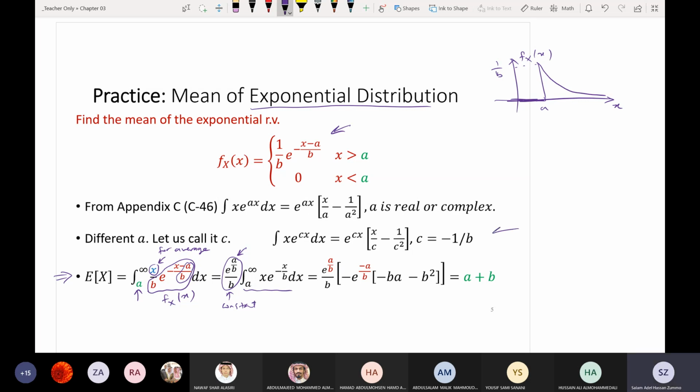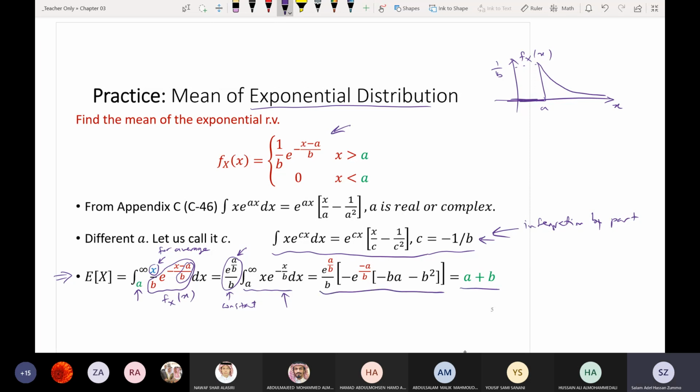Now, using integration by parts, I'm giving you this, basically how to solve it in case you forgot from your calculus. The integral of x e to cx is given by this. I just replace c by minus 1 over b, and I get the same integral here. So the solution to this is given by this.